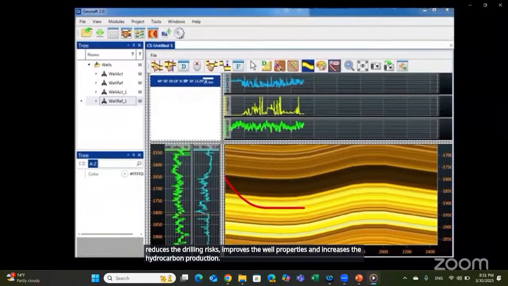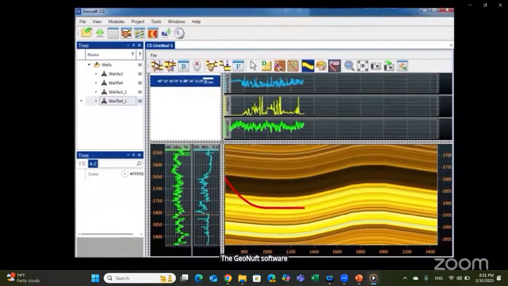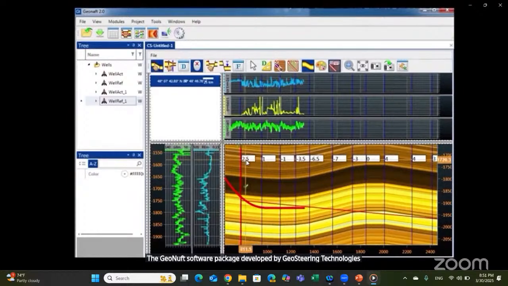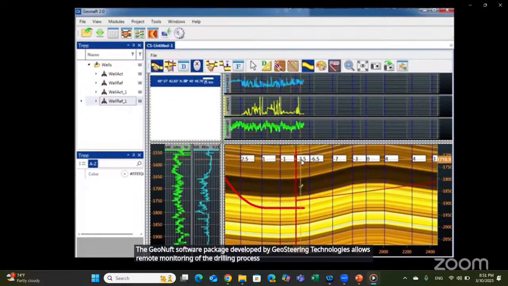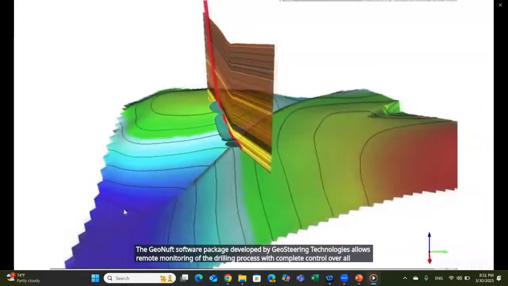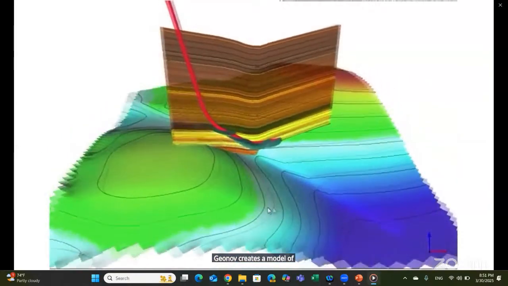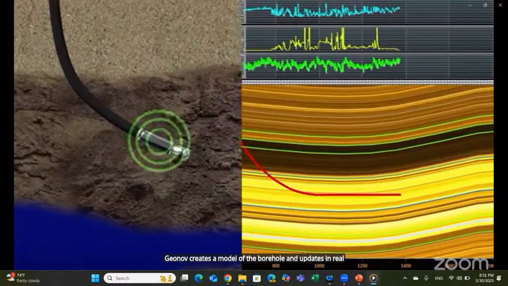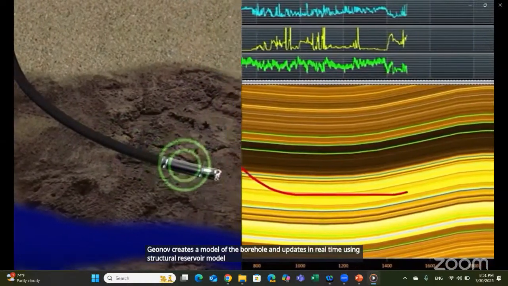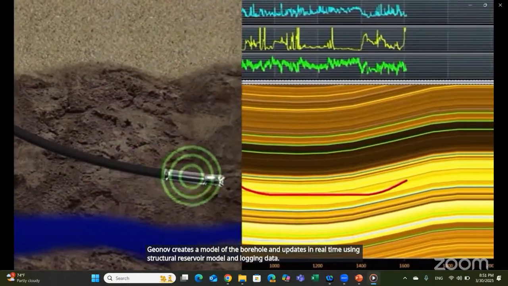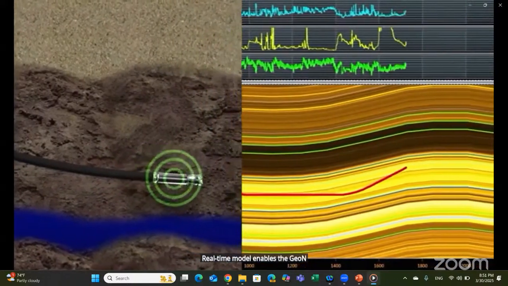The GeoNav software package developed by Geosteering Technologies allows remote monitoring of the drilling process with complete control over all wellbore positioning parameters. GeoNav creates a model of the borehole and updates in real time using structural reservoir model and logging data. Real-time model enables the GeoNav users to continuously correct the well path.